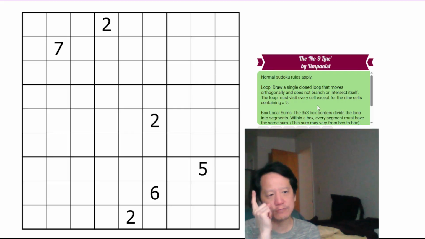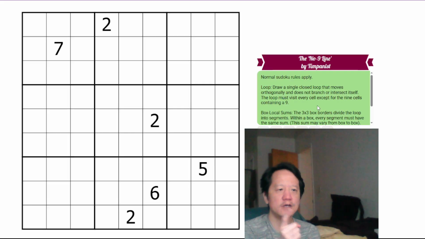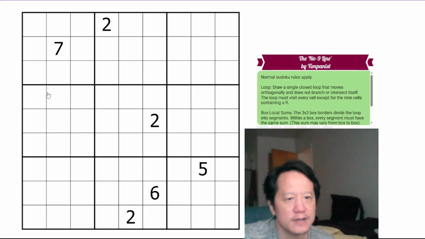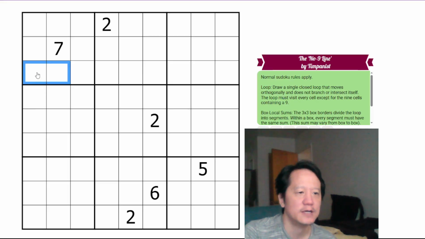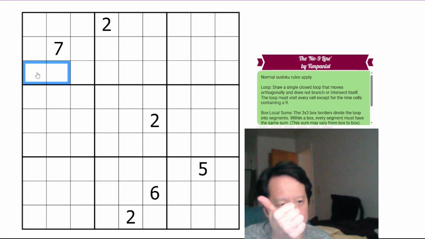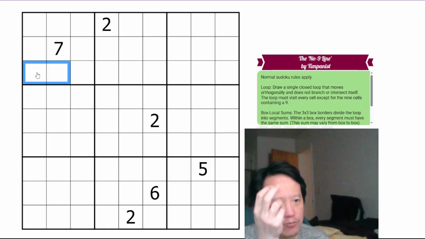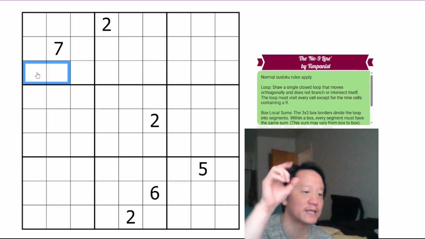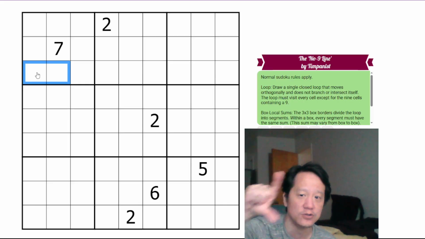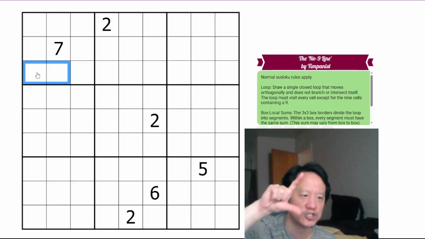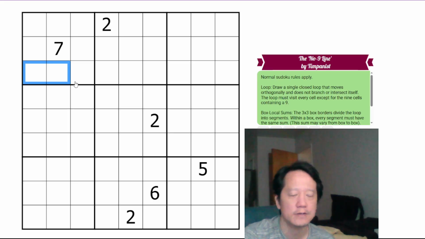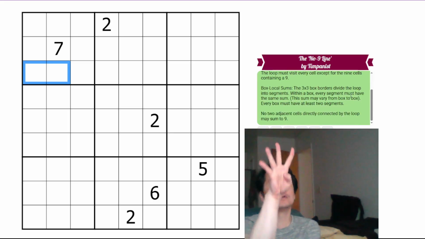But 4 doesn't work. If you have 4, you can't have all of them be sets of 3, right? One of them, you're going to have an 8 with something. And the 8 would have to add up to 9, but you can't have consecutive adjacent digits on this loop adding up to 9. So therefore, 4 does not work.